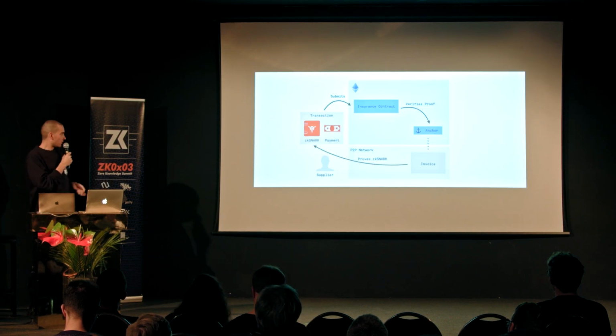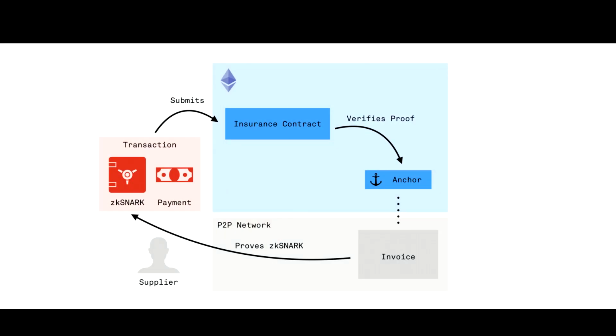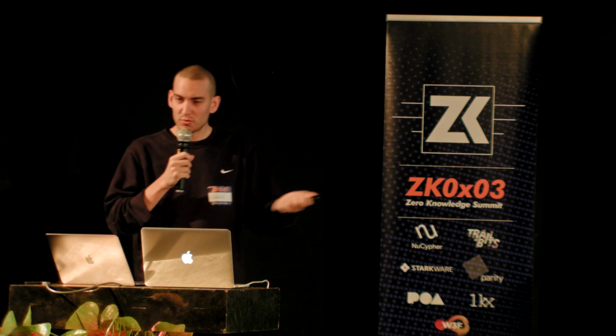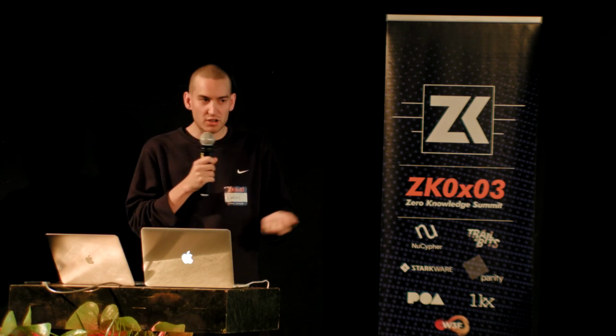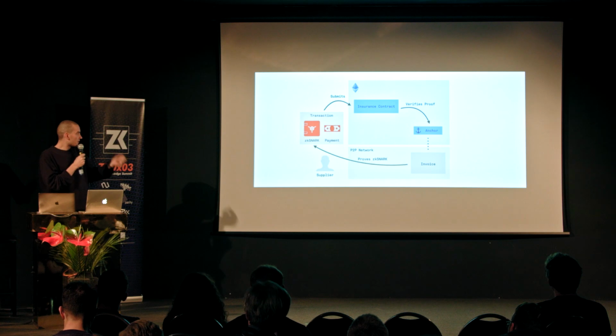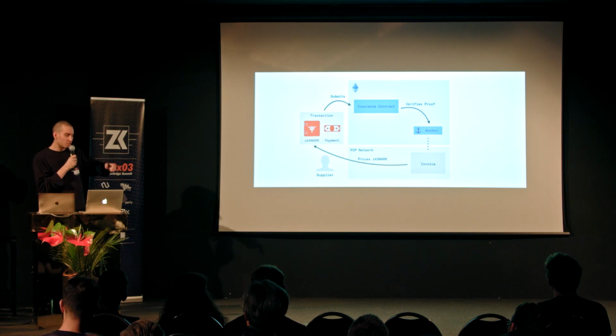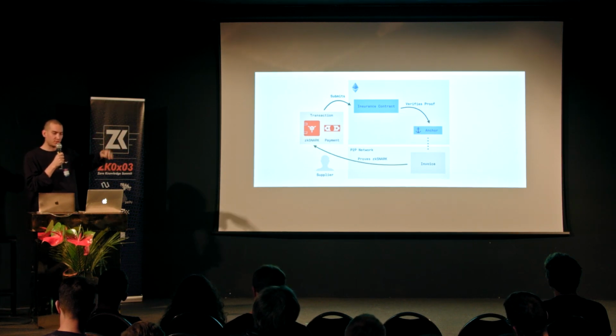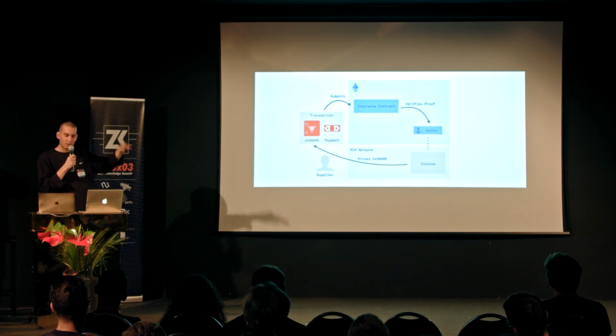A practical example: let's say I have an invoice that I want to insure, so I want to ensure that my goods will be safely delivered. I don't want to tell the insurance company what I'm selling to my buyer. I don't want to reveal any of that on chain. What I can do is use these Merkle proofs in a snark. The insurance provider would give me a snark that has their fee table encoded.